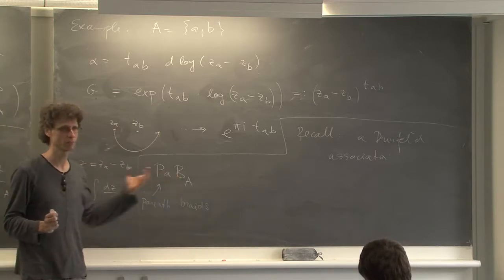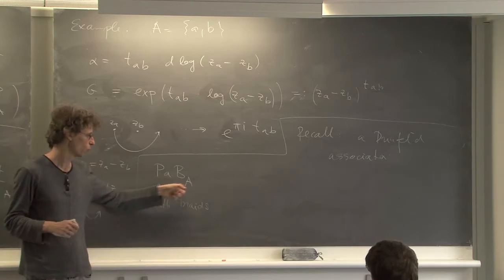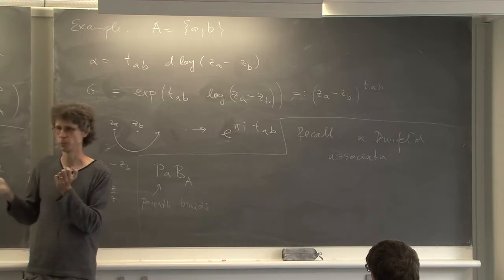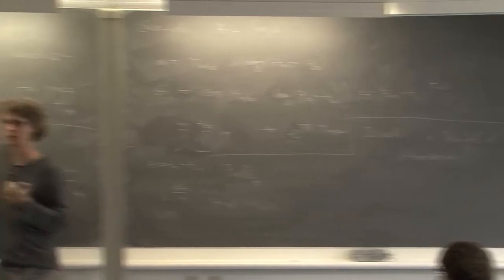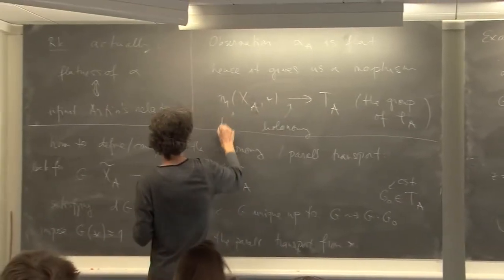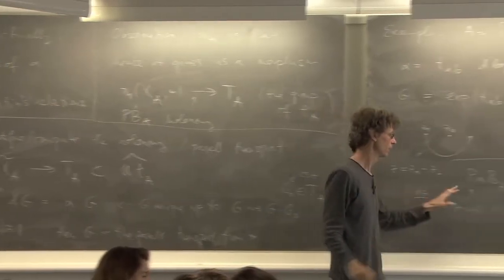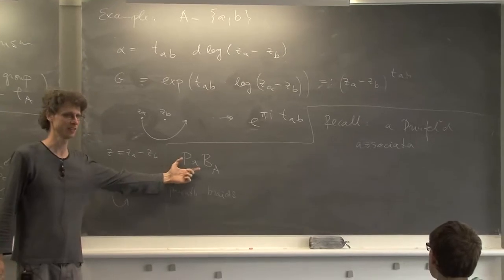That's a groupoid. But if you just pick one particular object, then the automorphisms of that object is simply this pure braid group. So it's this pi1 thingy, PBA. So if you cover that thing, it's very closely related.